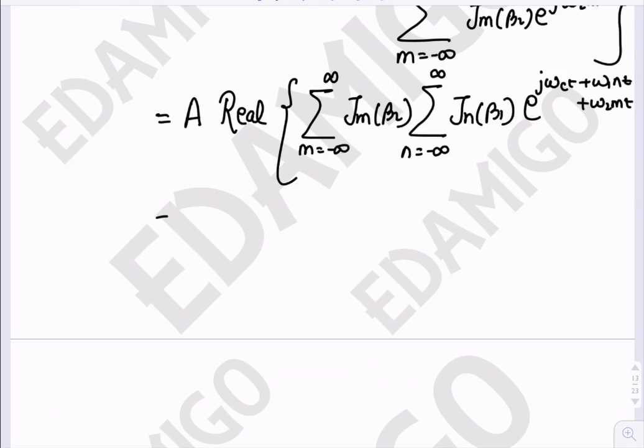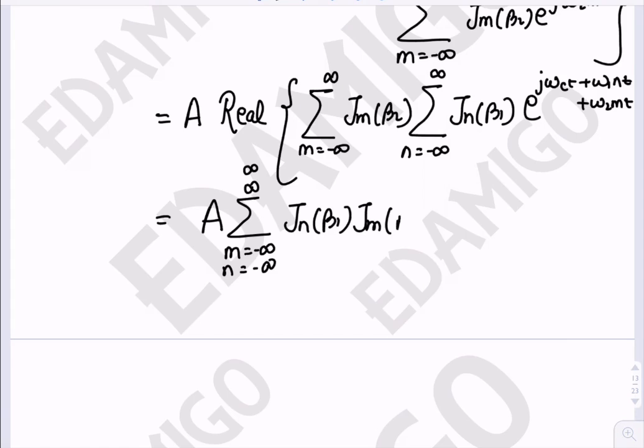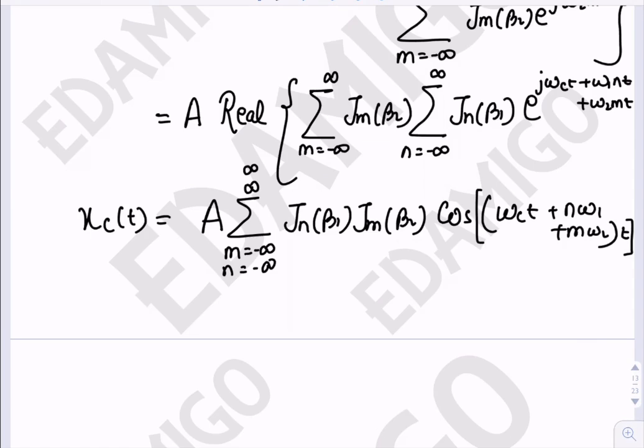Now since it is a real part, we'll get cos terms. So A times the double summation of J_n(beta_1) J_m(beta_2) cos((omega_c + n omega_1 + m omega_2)t). Okay, so this is the expression of x(t).